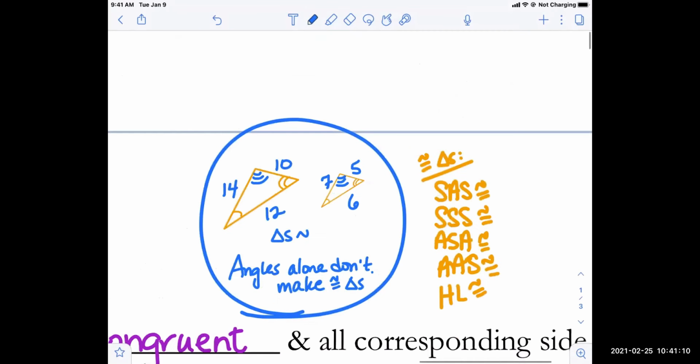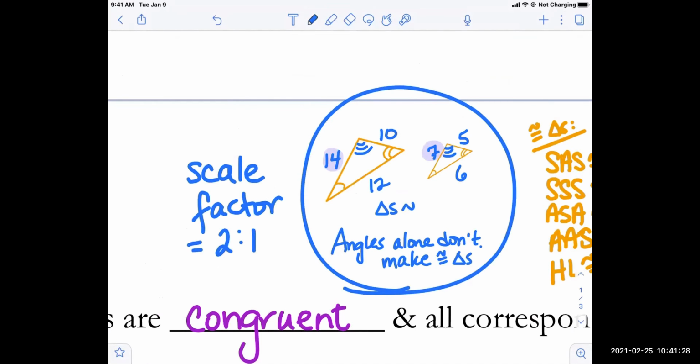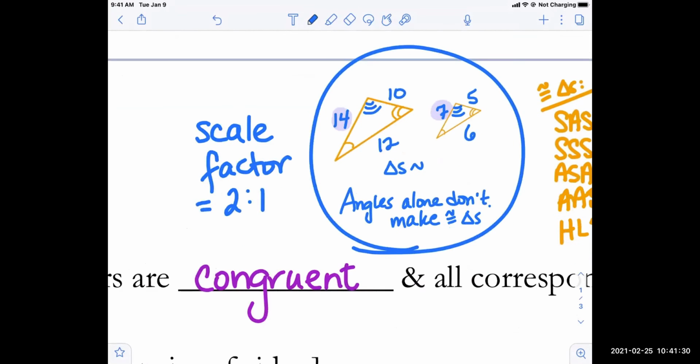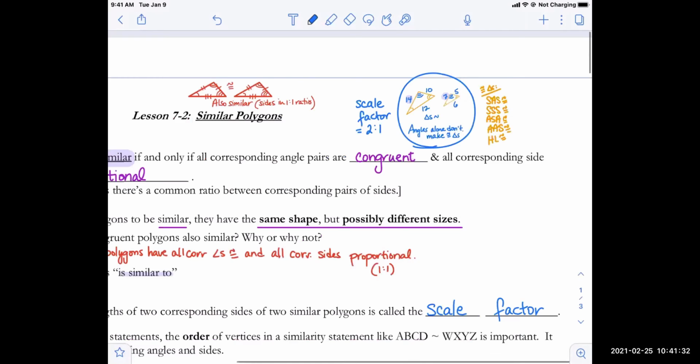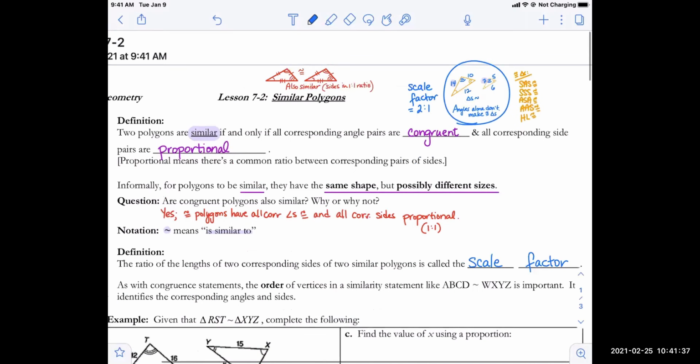If you compare a side here to a corresponding side here, what is that ratio? 2 to 1. You can either write it with the colon form like that, or put it as a fraction. Scale factor just means when you compare all the corresponding sides, it's the common ratio. If the shapes are similar, there should always be a common ratio.